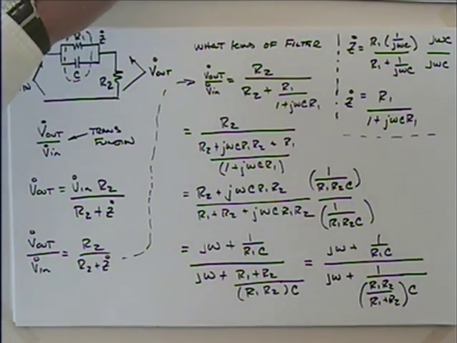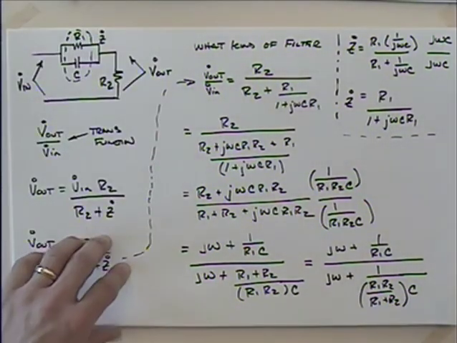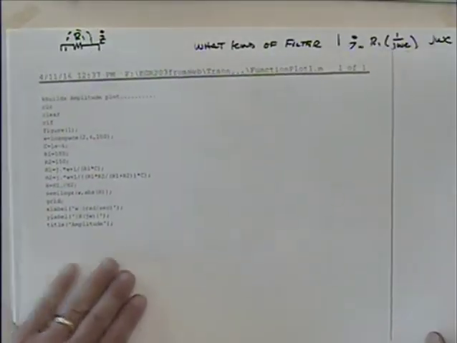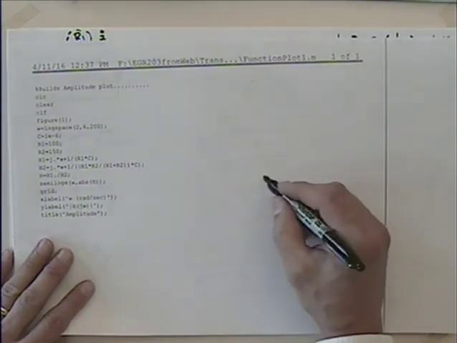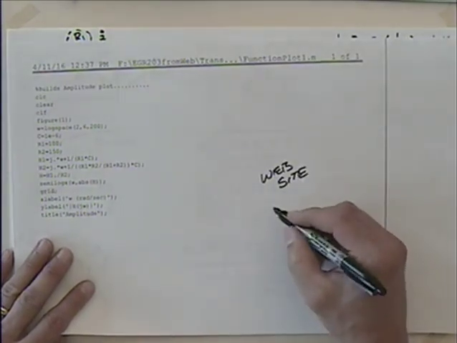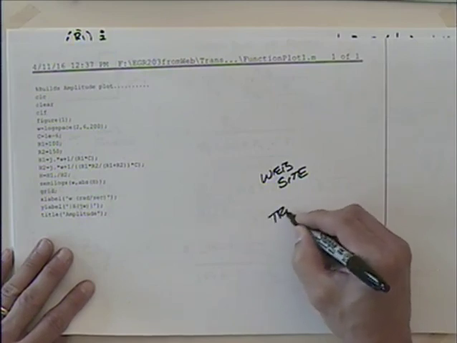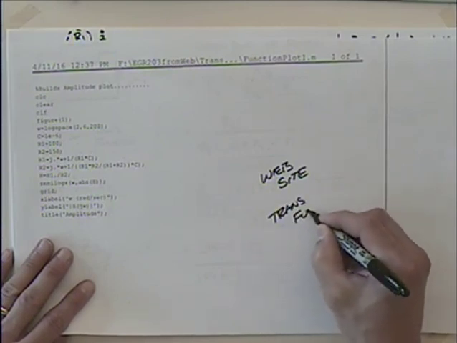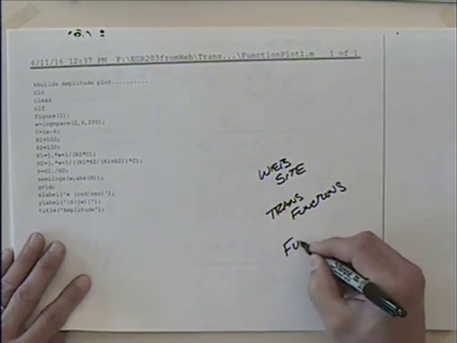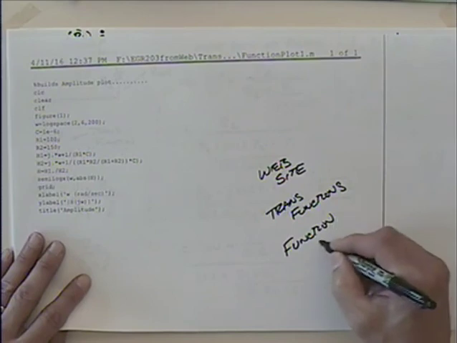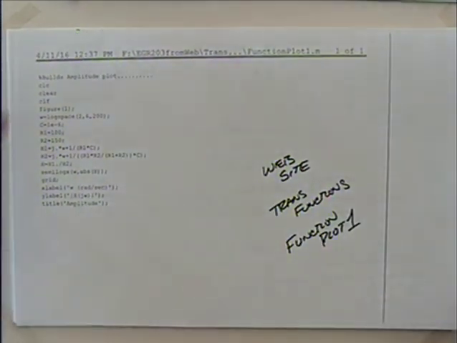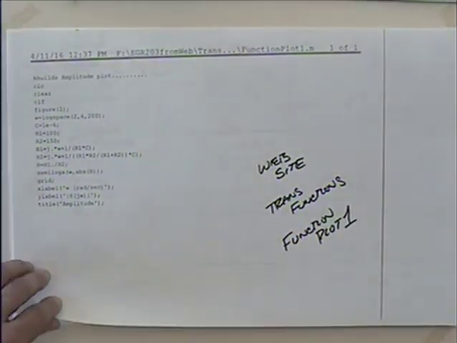I actually put this into, so we've got page 9 here. I put this into a, and this is again if you go to the website, and this is under transfer functions. And this is a function plot 1. Okay, there's about 3 of them in there, but function plot 1.